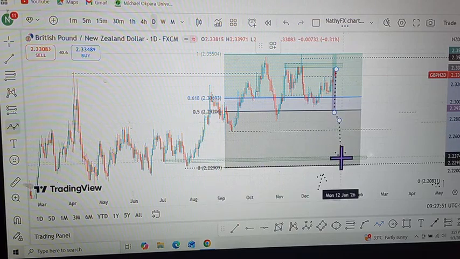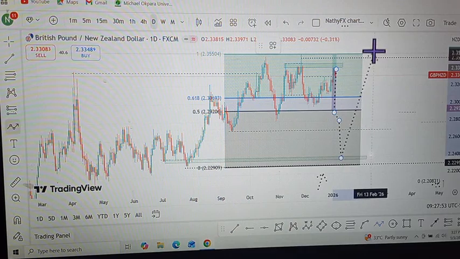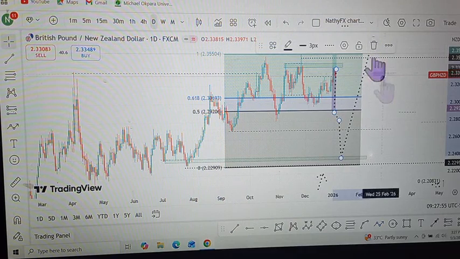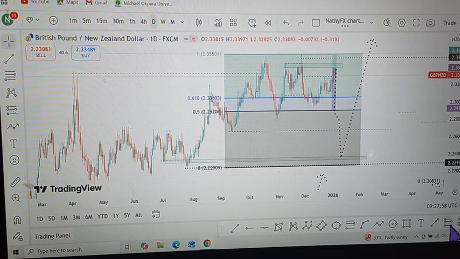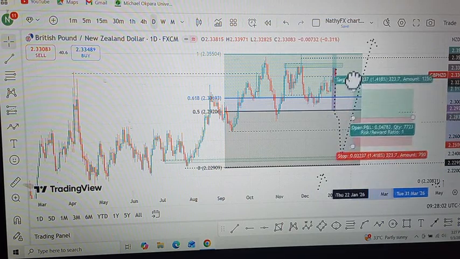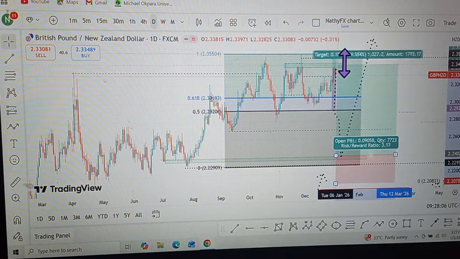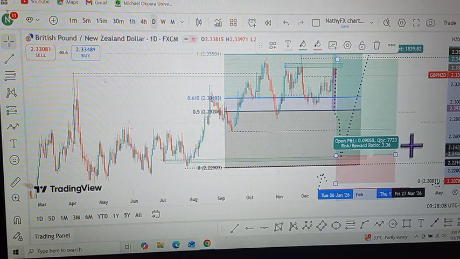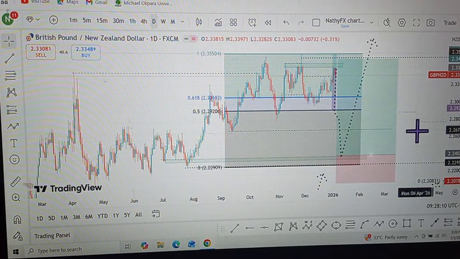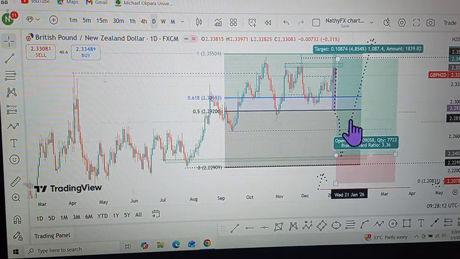Definitely, I want to buy from my point of interest here. You can see now, that is how to know where to buy from and where to sell from. You sell from premium, then buy from discount.